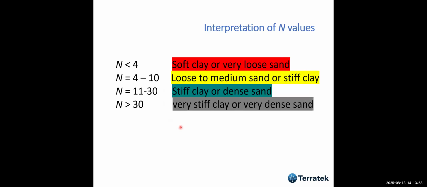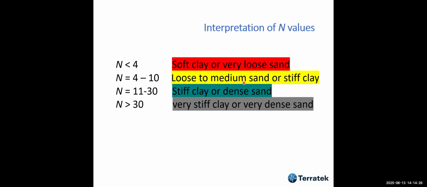Let's have a look at the interpretation of the N value. N is the SPT index, okay? So if N is less than 4, we can say that we have soft clay or very, very loose sand. Usually sand gives higher values. Most sands that I have tested in the past yield values from 4 to 10.